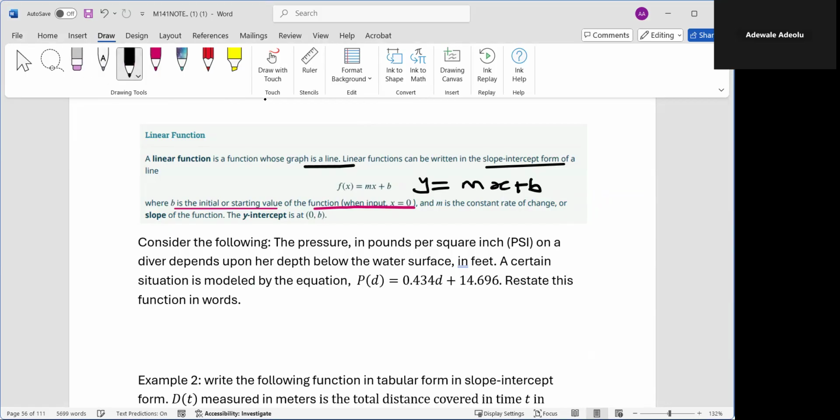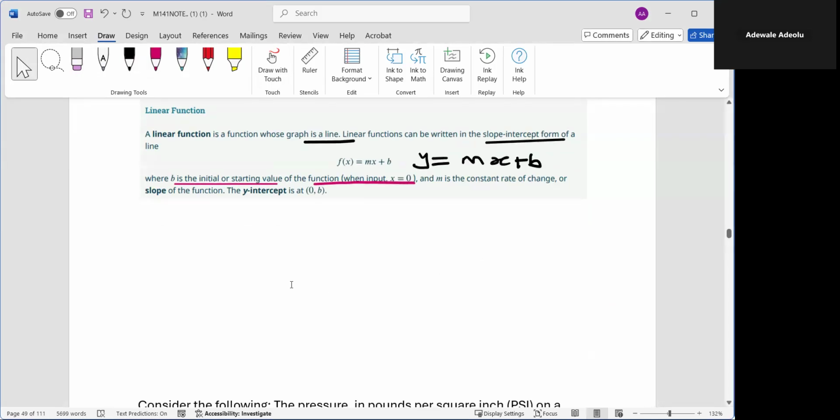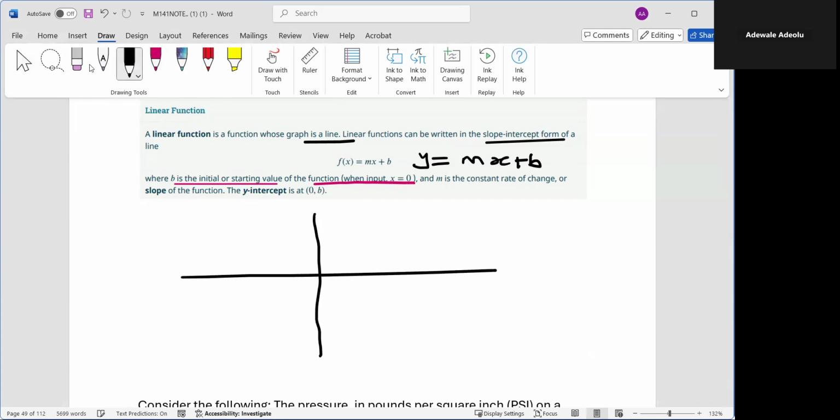Say I have some graph, and I have some line behaving this way.